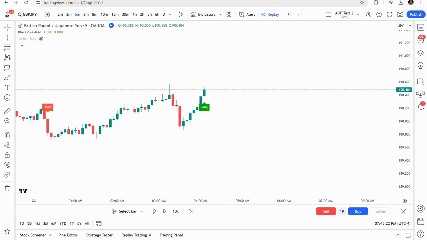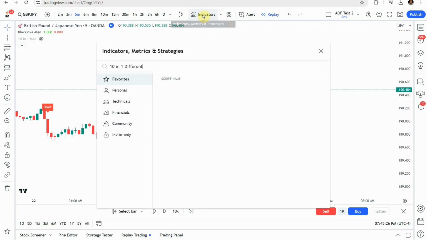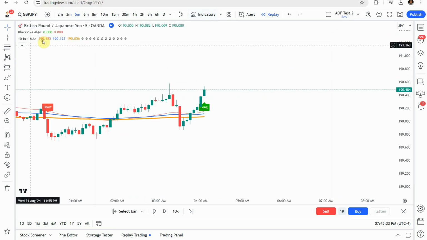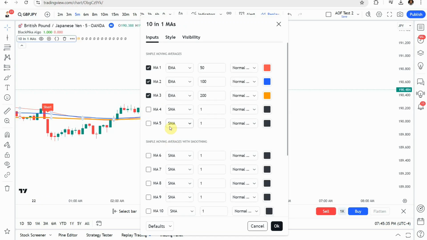Then the next indicator we will add to the screen is going to be the 10 in 1 different moving averages, this one right here. Go ahead and click on that and add it to the screen, and again jump into the settings. And so what we're going to do is under the MA1 have it EMA and a period of 50. The moving average to MA2 have it as an EMA and 100.